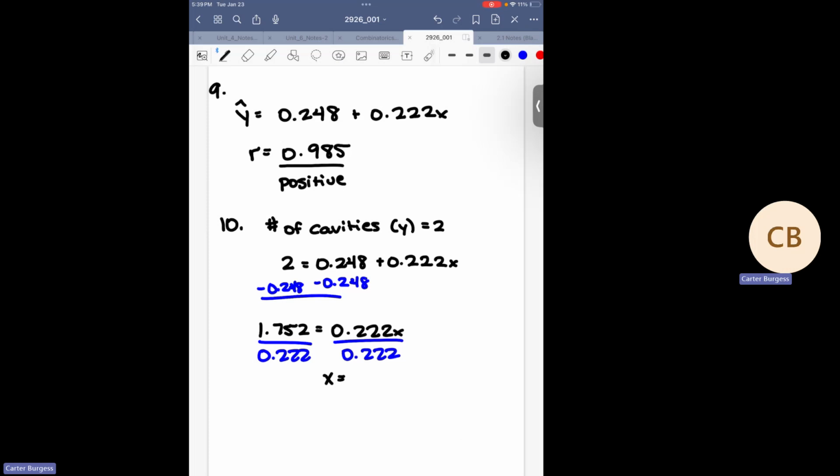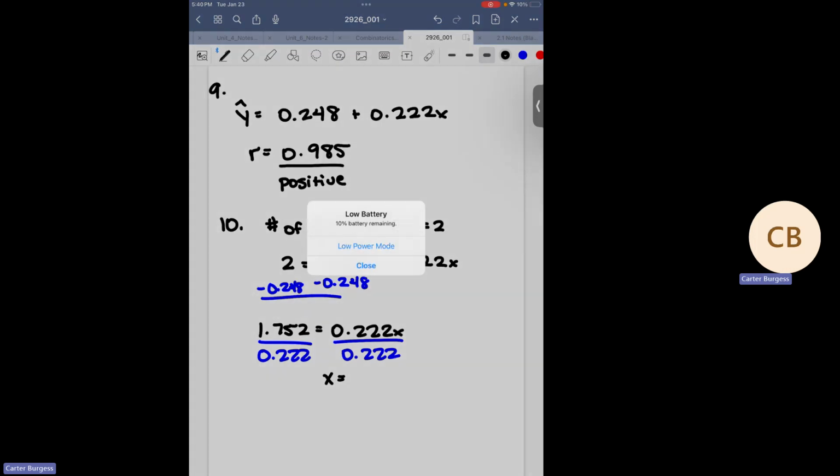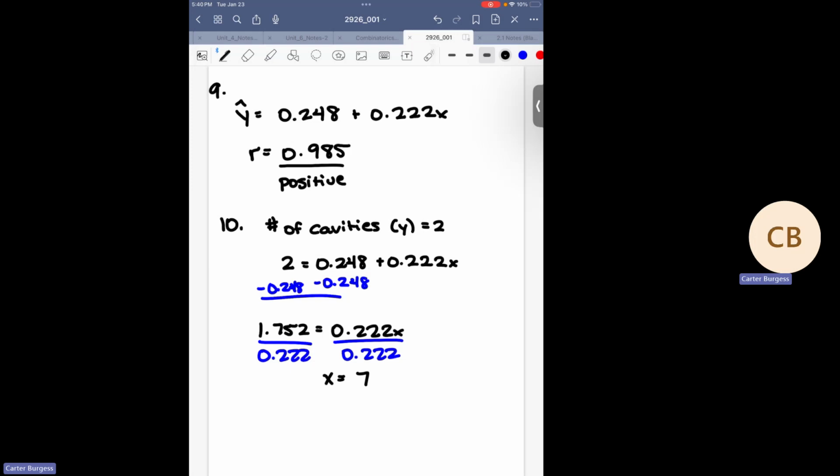I get that x should be equal to, I want to calculate 1.752 divided by 0.222, and I get that we would expect to see 7.892 grams of sugar consumed. All right.